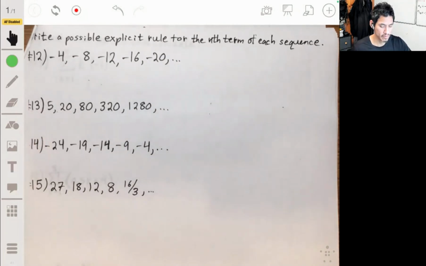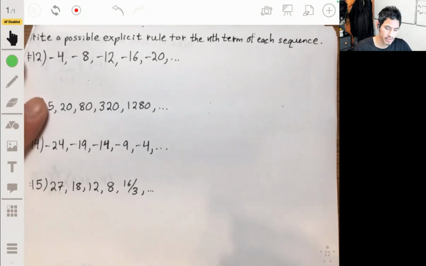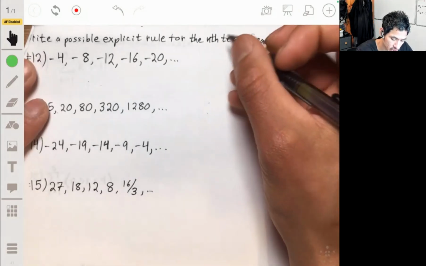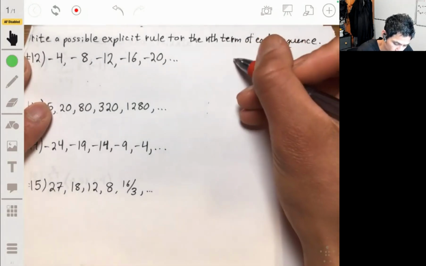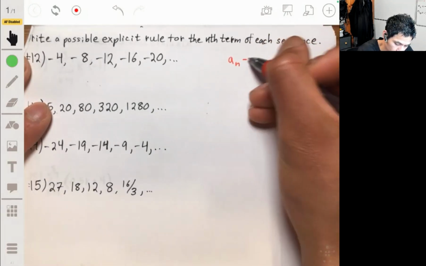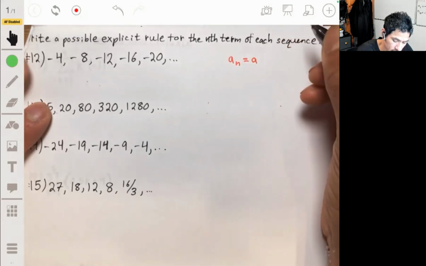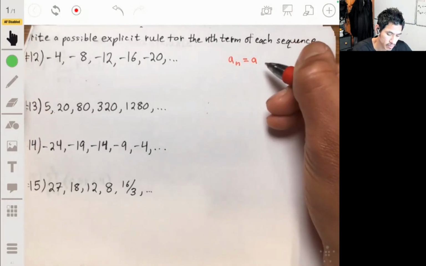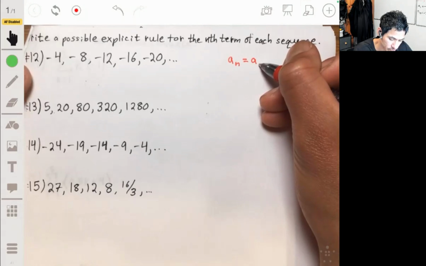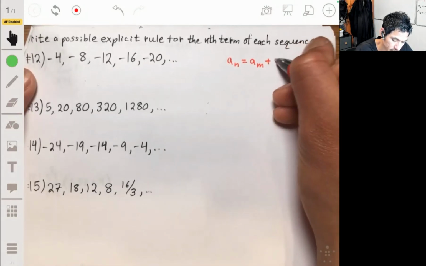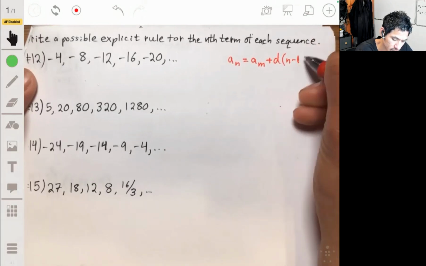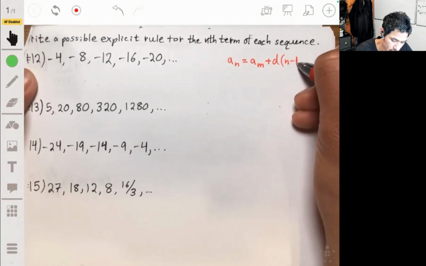So in general, we're looking at two types of sequences. We're looking at arithmetic sequences, where we can have the nth term be given as the A1 term, or I like to use the AM term just in general, plus the common difference D times n minus 1, or times n minus m.